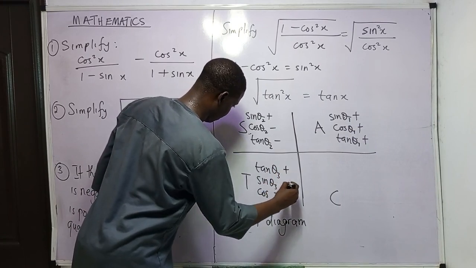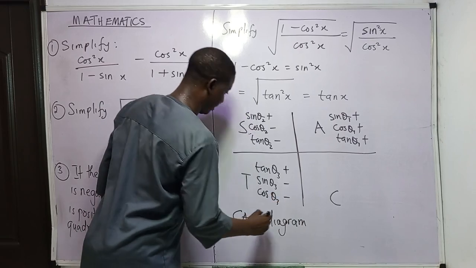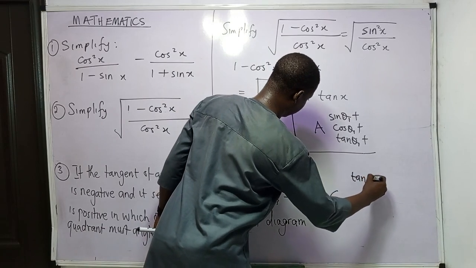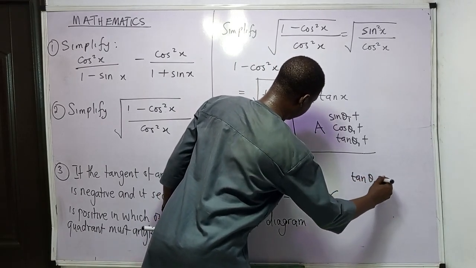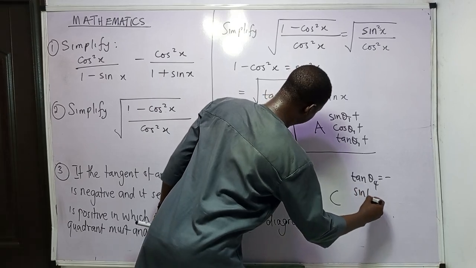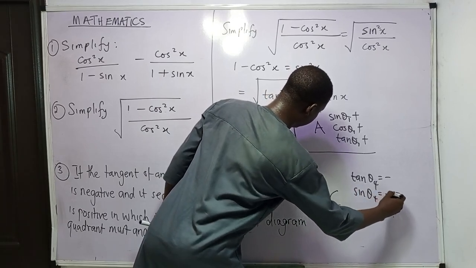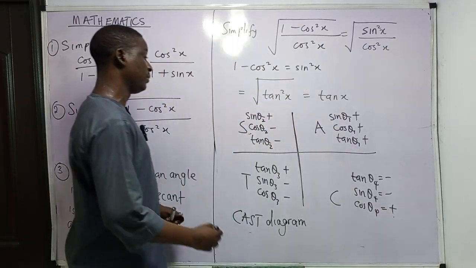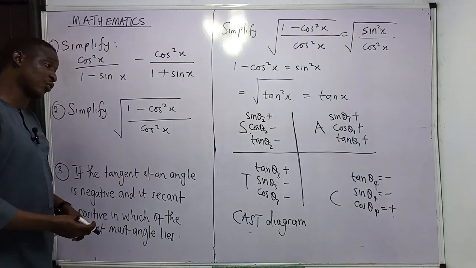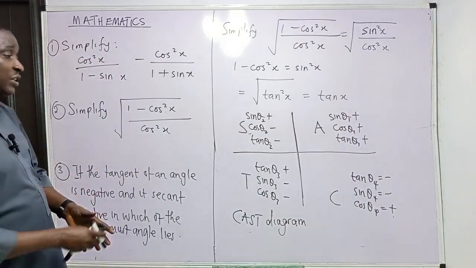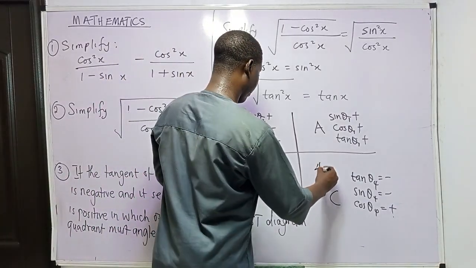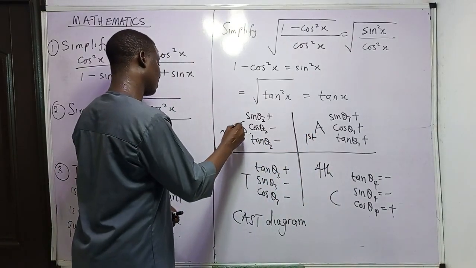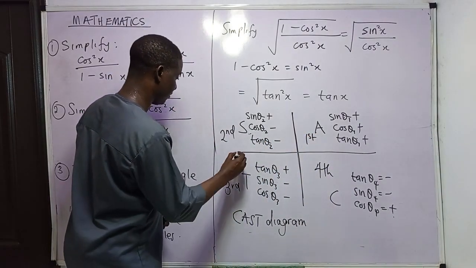In the fourth quadrant, tan theta 4 is negative, sine theta 4 is negative, while cos theta 4 is positive. So this is the fourth quadrant; don't forget, this is the first, this is the second quadrant, and this is the third quadrant.